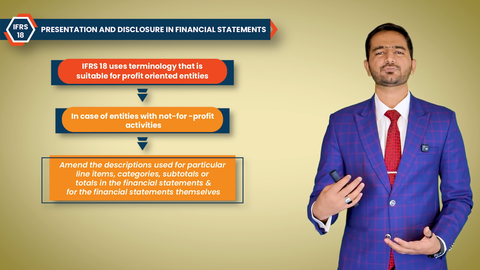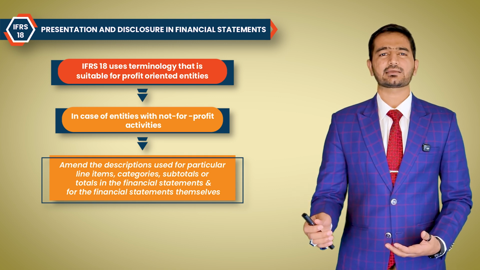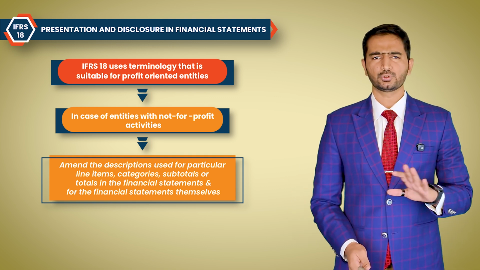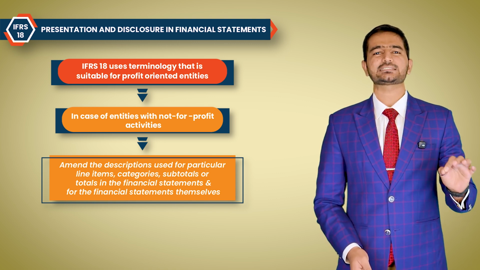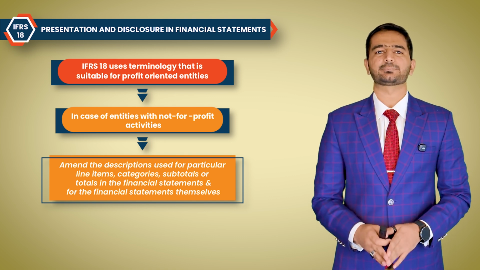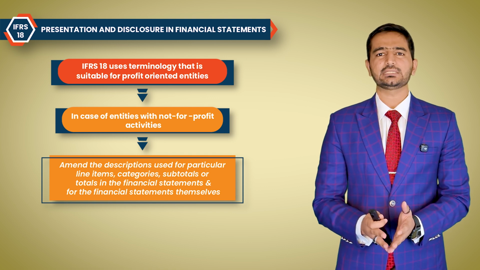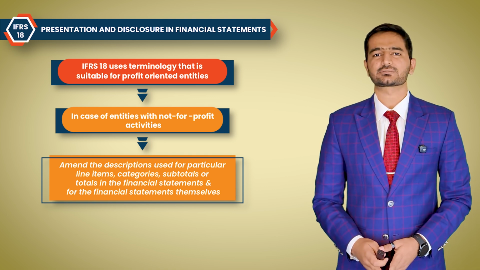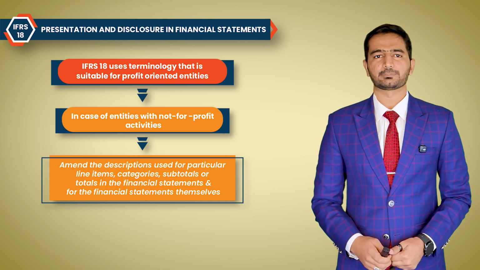Similarly, in case of entities like cooperative societies, whose share capital is technically not equity, don't worry about it. Just present it in a way that reflects the reality but still follows the IFRS 18 principles. Remember, the spirit of IFRS 18 is clarity and relevance. So as long as you deliver that, you are in good shape.